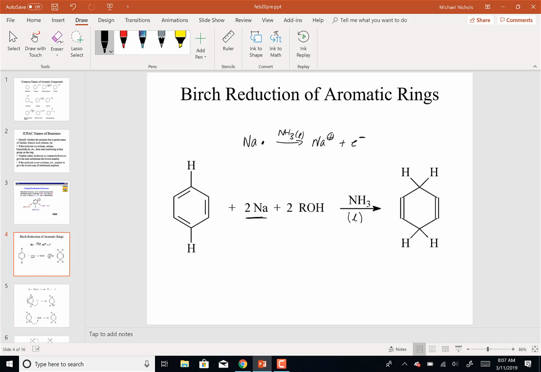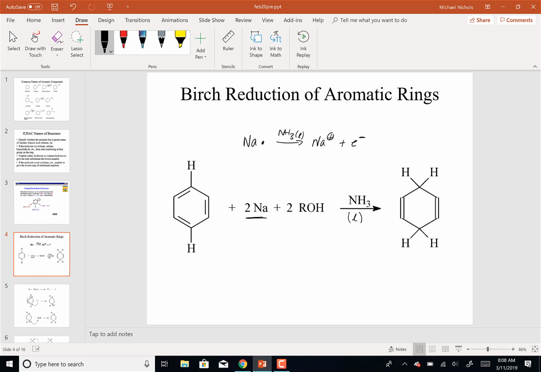And so that electron then is free to add to a reagent. That reagent gets an electron, gets electrons as reduction. So this is the absolute purest form of a reducing reagent, and it's the strongest reducing reagent that we can get, short of maybe taking an electrode and trying to pump in an electron.